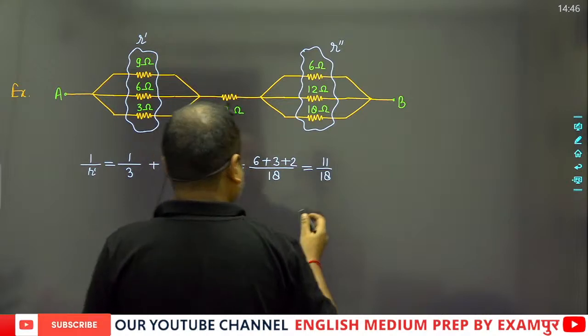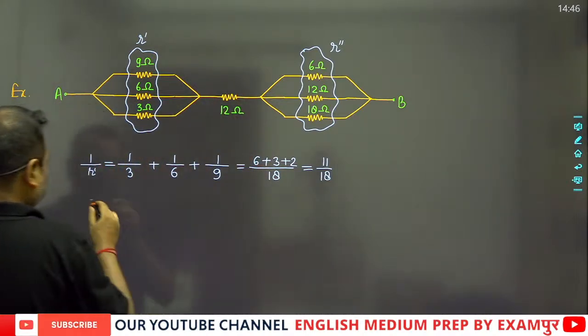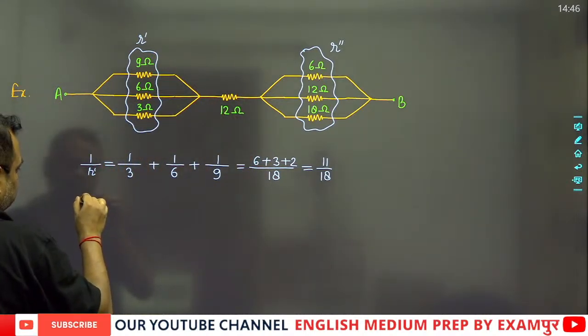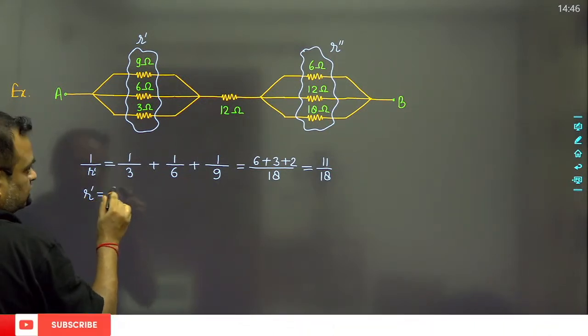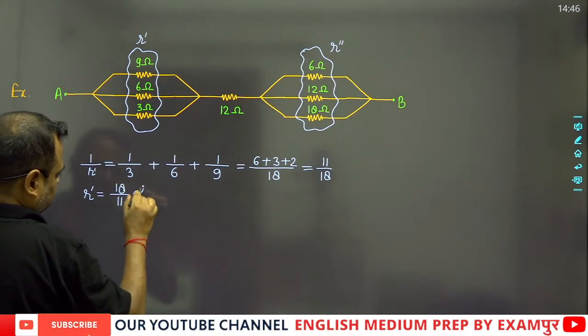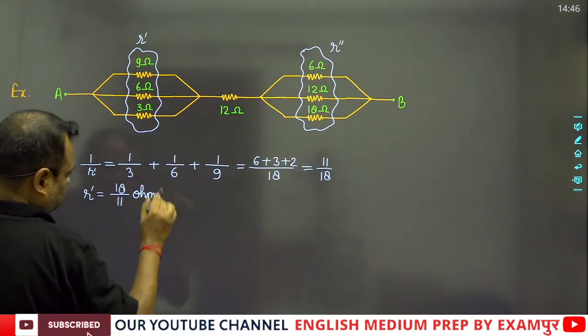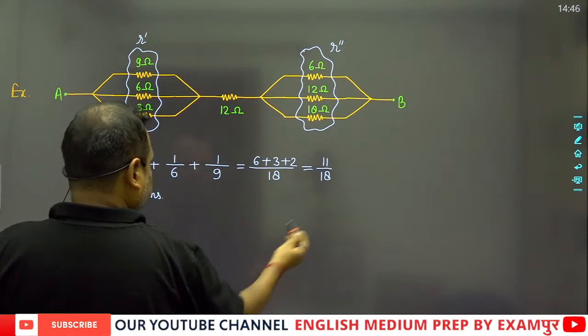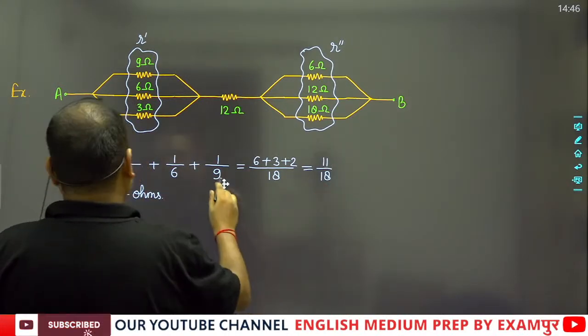So here R dash will be equal to 18 upon 11 ohms. So this will be the correct answer.